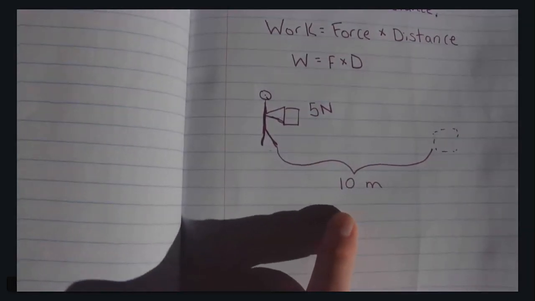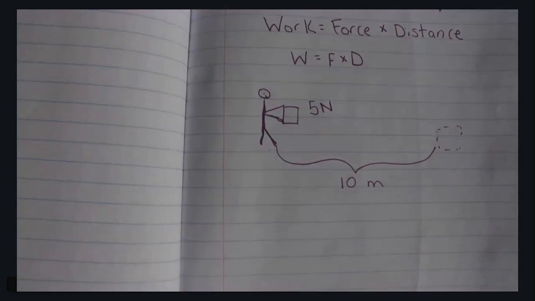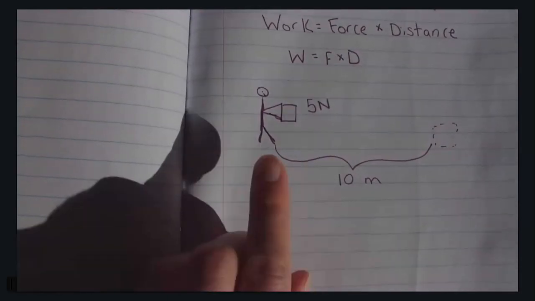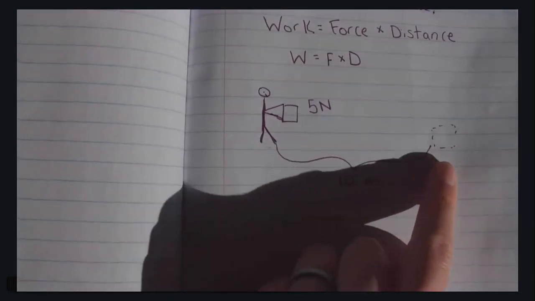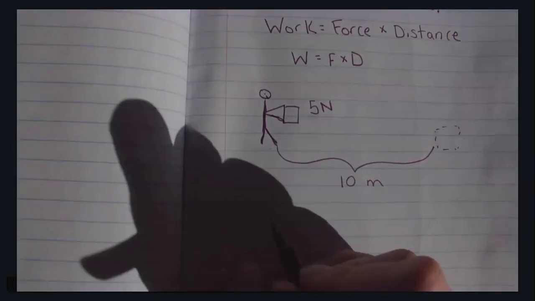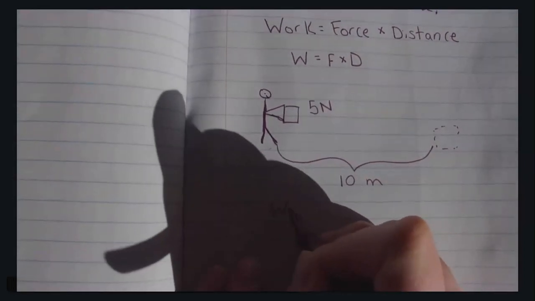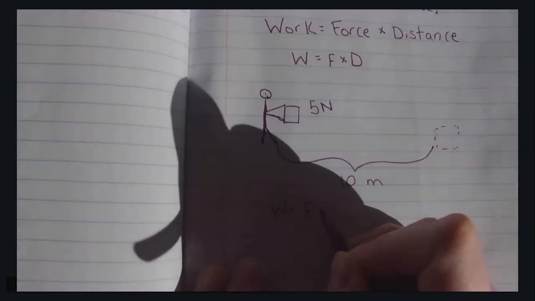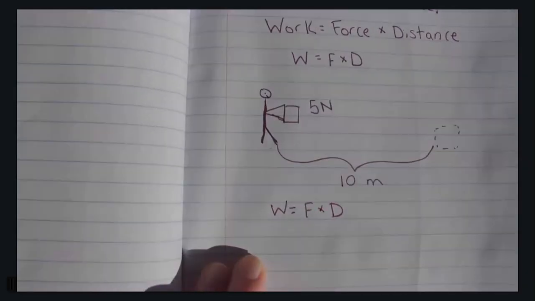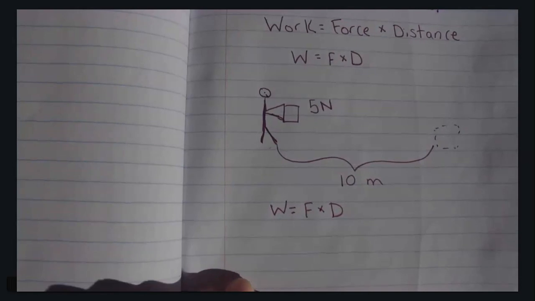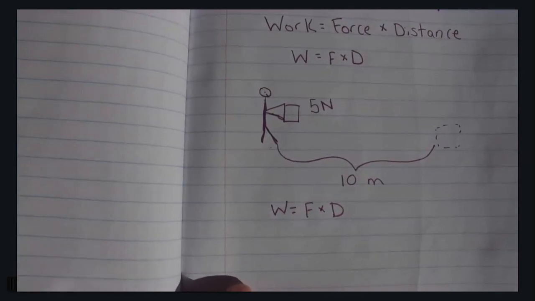So then we have our force and we have our distance. So we can set up our equation to figure out how much work is being done when that person moves that box from over here to over here. So we want to start with our basic equation. W equals F times D. Remember, that stands for work is equal to force times distance. Then all you need to do is plug in your numbers.